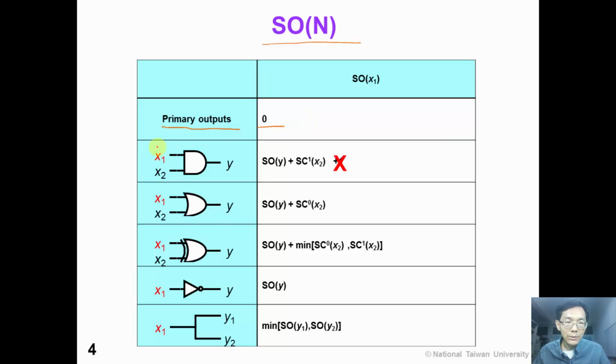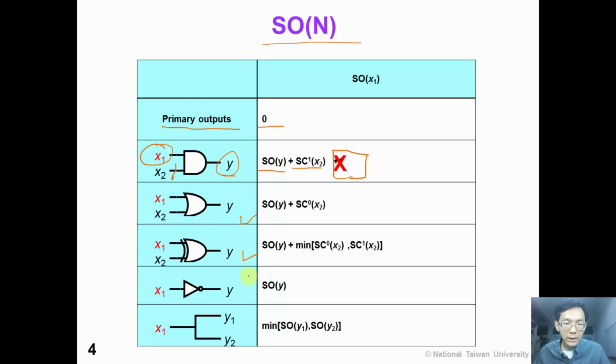If we want to observe the gate input X1, we need to first observe the gate output Y, and we need to control the side input to 1. So we have SO of Y plus SC1 of X2. Again, we don't need to add an additional 1 here because we don't need to pause any clock.